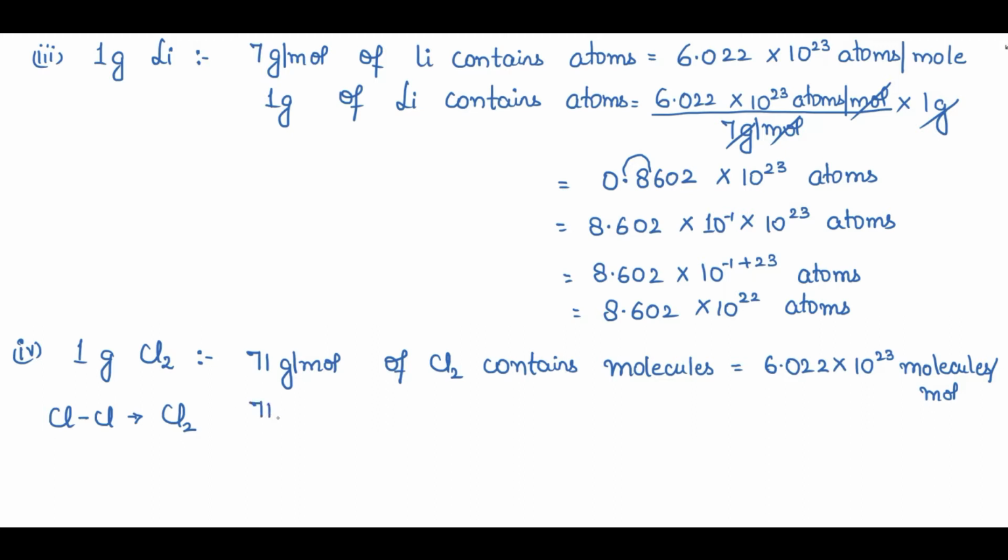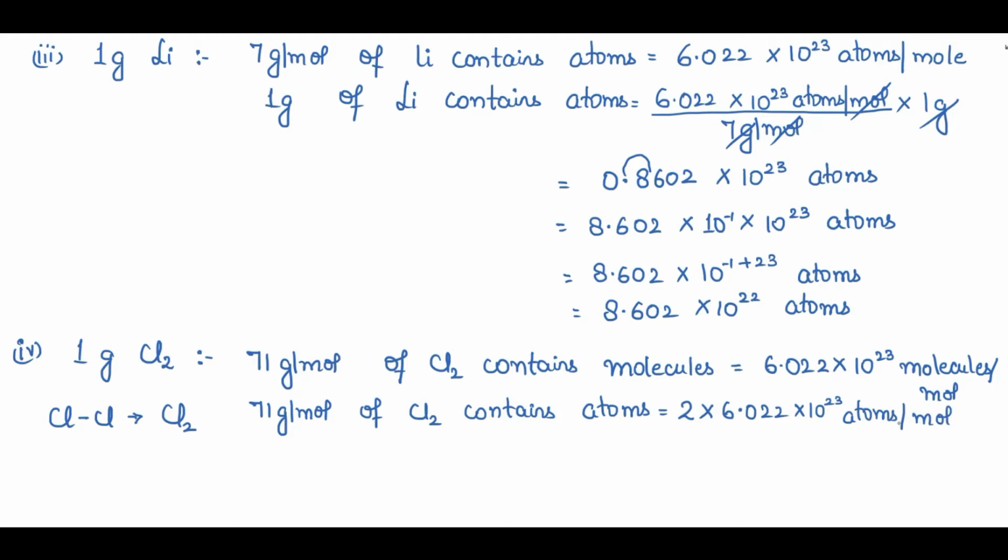So I can write 71 gram per mole of chlorine contains atoms equal to, one molecule is equal to two atoms, so 2 into 6.022 into 10 raised to power 23. Now we have the value of molecule, so I'll put atoms over here per mole. That means in one mole we are having 2 into 6.022 into 10 raised to power 23 atoms, right?